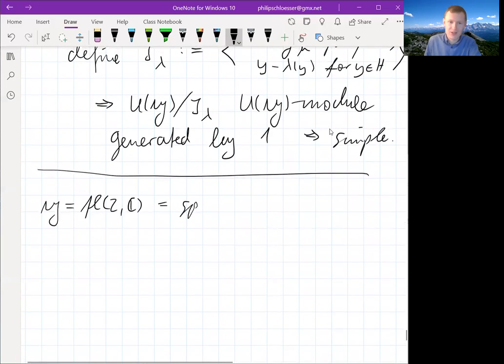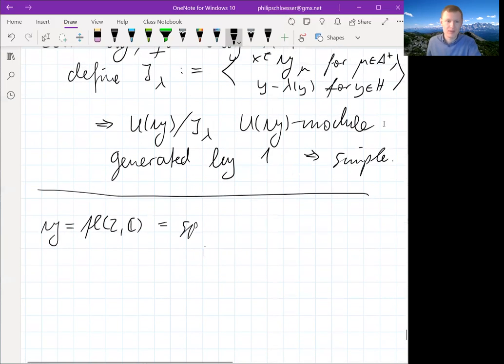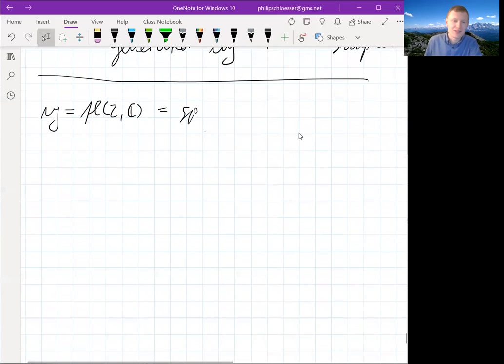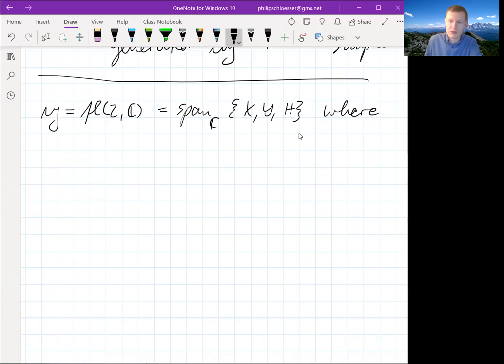We can write it in terms of three generators, and I'm going to use the mathematician notation. It is generated by the three elements x, y, and h, where we have the following Lie brackets.